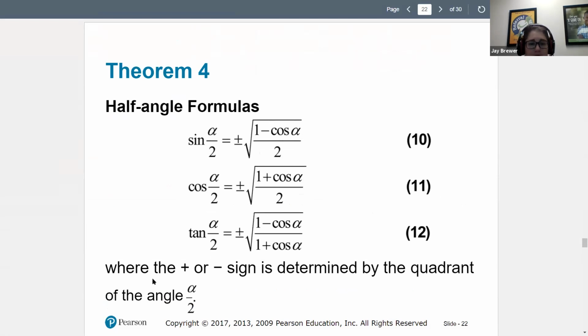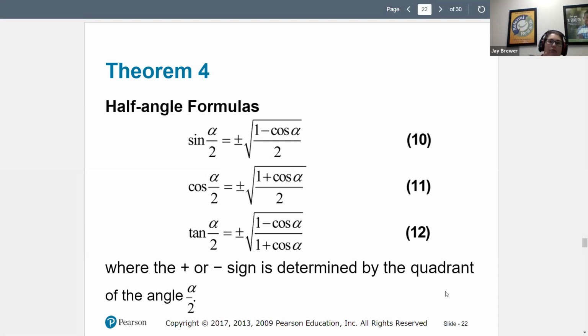What I will point out here is that where there's a plus or minus sign, this is determined by the quadrant of the angle alpha divided by 2. So it doesn't necessarily matter where alpha is stationed. It matters where the half is.